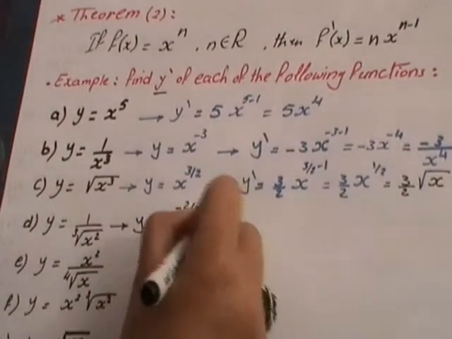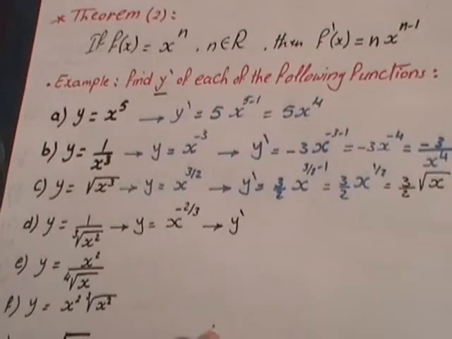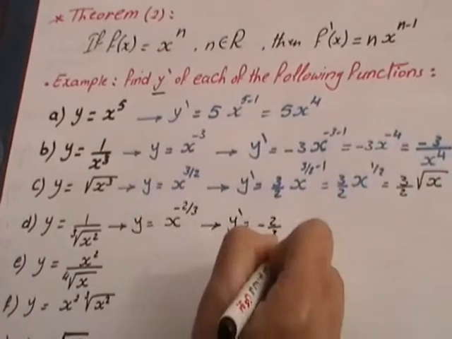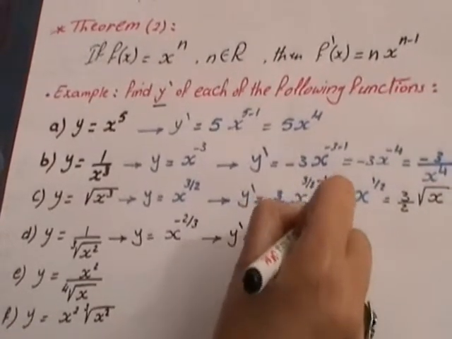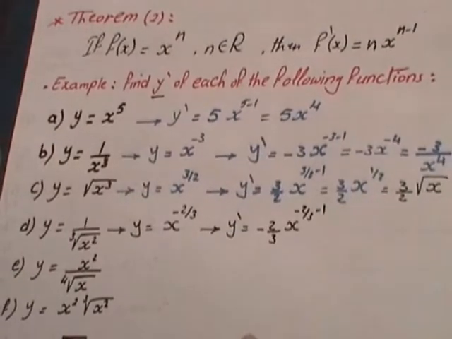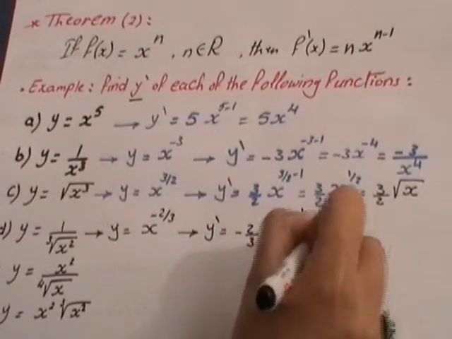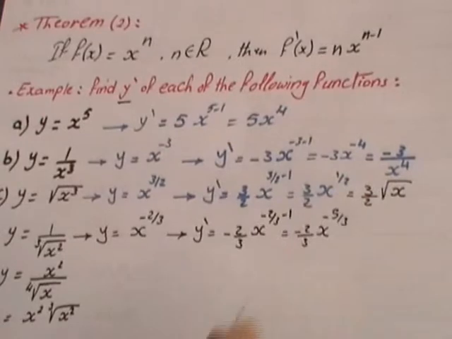Now we can find the first derivative of y. Y dash will be equal to negative 2 over 3 x power negative 2 over 3 minus 1, which equals negative 2 over 3 x power negative 5 over 3.